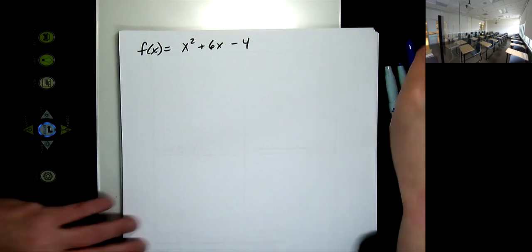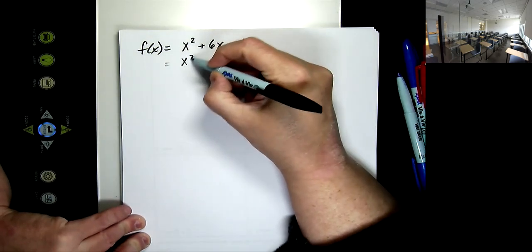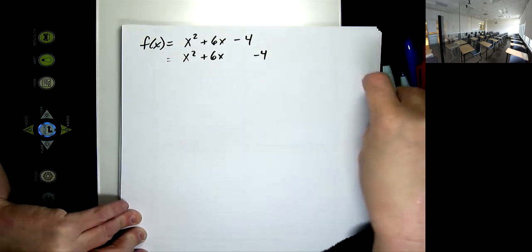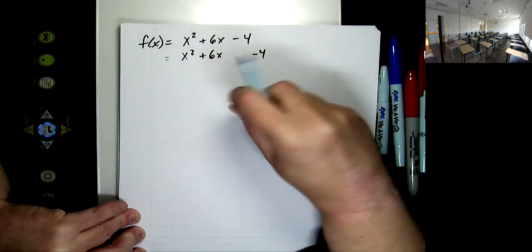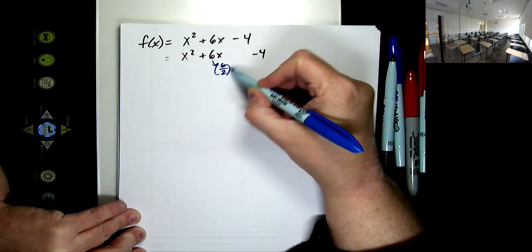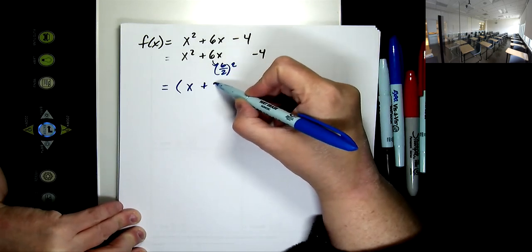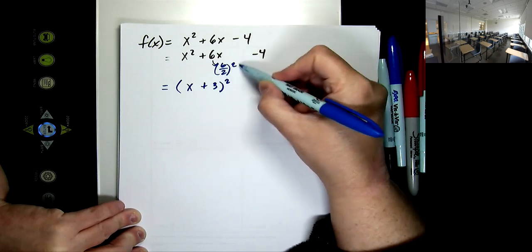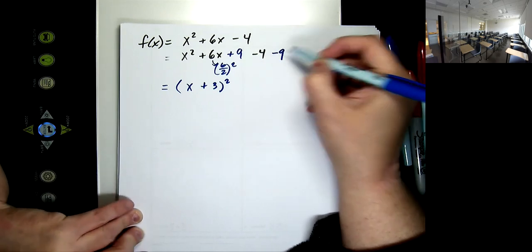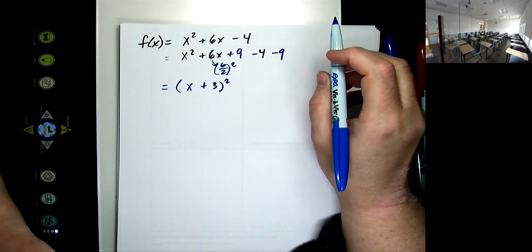All right, so what I'm going to do is move that -4 over. I'm going to take this and cut it in half, square it, and that's going to give me a 3. 3 squared equals 9. So I'm going to add 9 and I'm going to subtract 9.